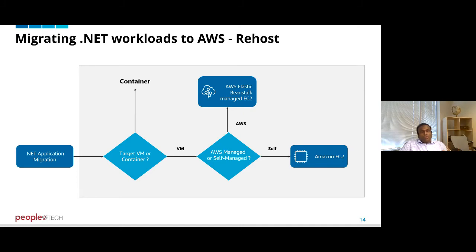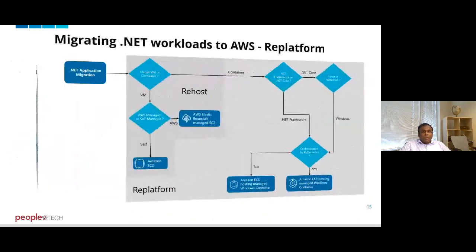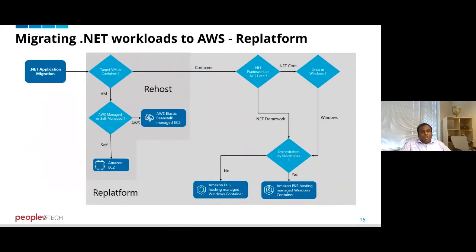Now let's look at the other side of the track. What are the options available for containers? This slide talks about both rehosting and replatforming. We already covered the rehosting option, so now let's look at the journey for containers. When you want to do containers, you have a couple of options. Either consider whether you are going to run your .NET Framework as is on the cloud, or you are going to convert to .NET Core.